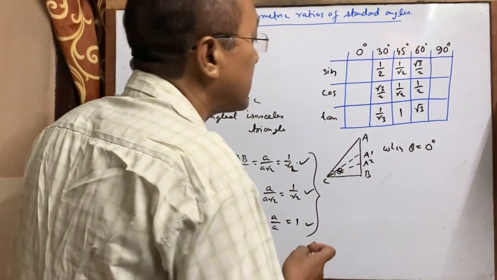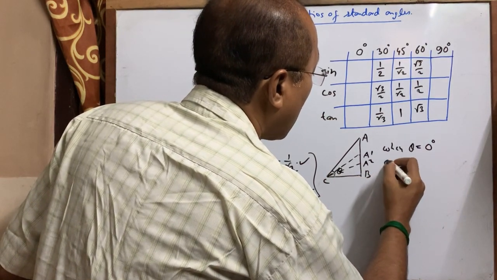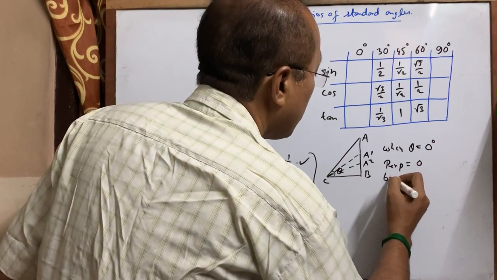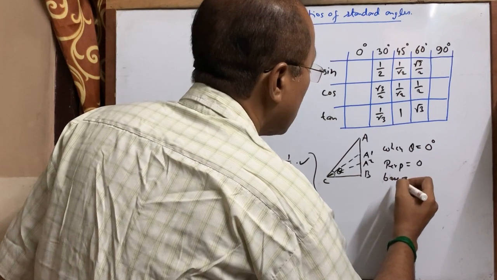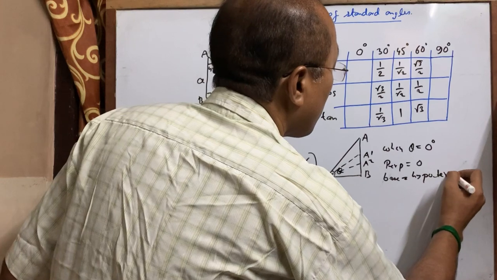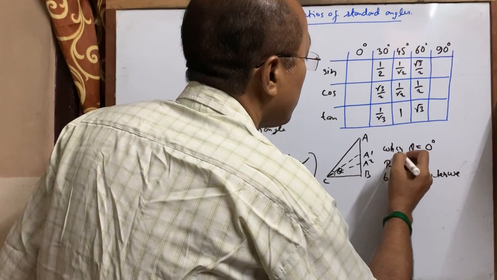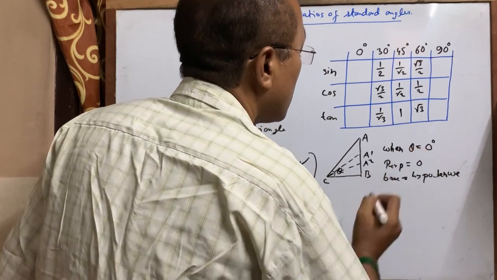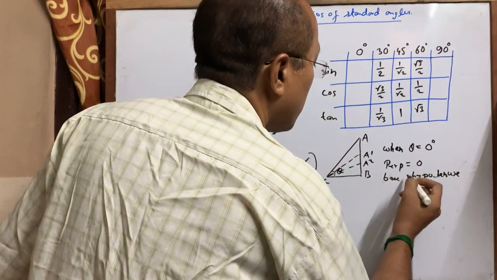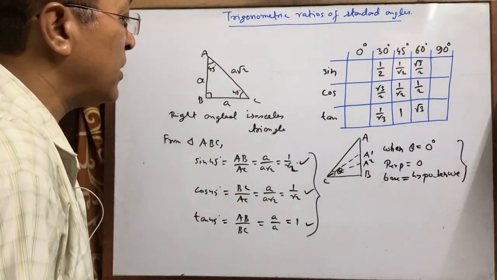So when theta is equal to 0, the perpendicular will be 0 and the base will be equal to the hypotenuse.